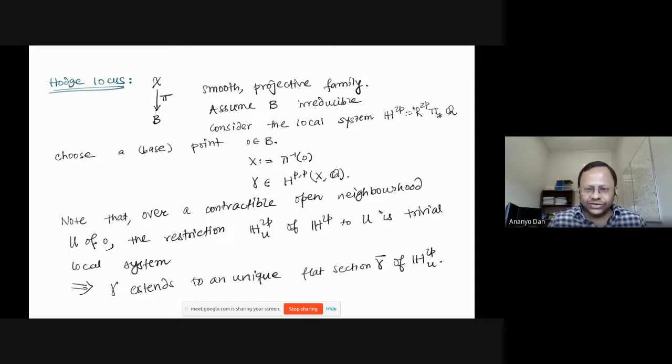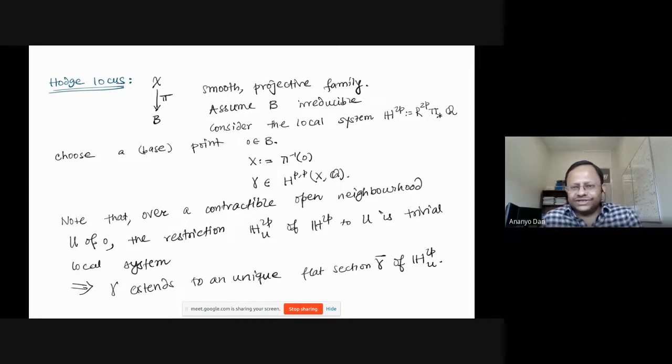You have this R^{2p} π_* of Q. Now, the fiber at every point is, you can check, simply the cohomology H^{2p} of X. So if you take the point small b in B, then the value of this R^{2p} restricted to this point is the 2p-th cohomology of X_b.